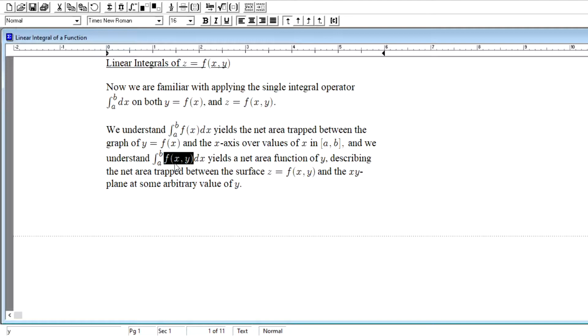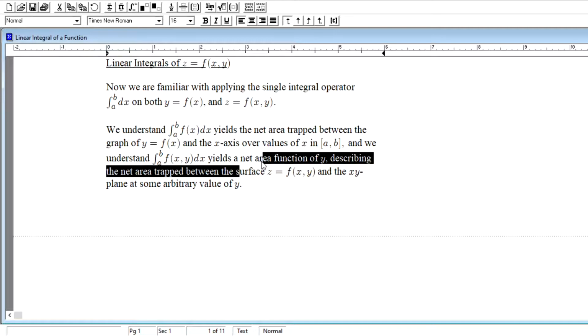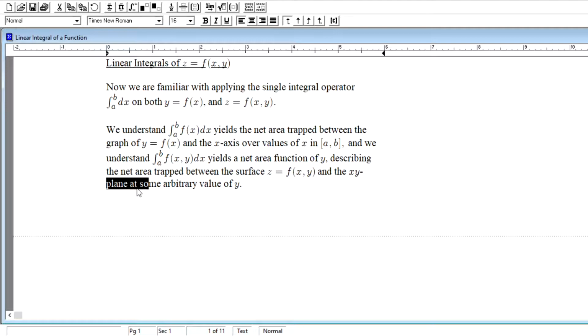It is going to give us not just a measurement of net area, it's going to give us a function that describes net area that is expressed in terms of y. Where this function describing net area describes net area trapped between the surface z equal to f of x comma y and the xy plane in three-dimensional space at some arbitrary value of y.